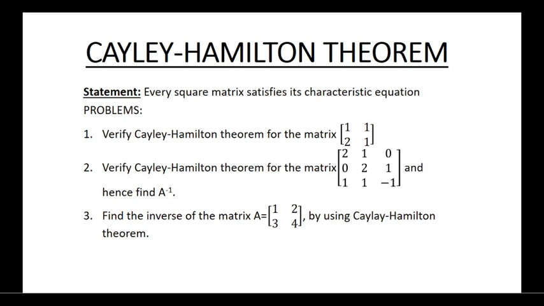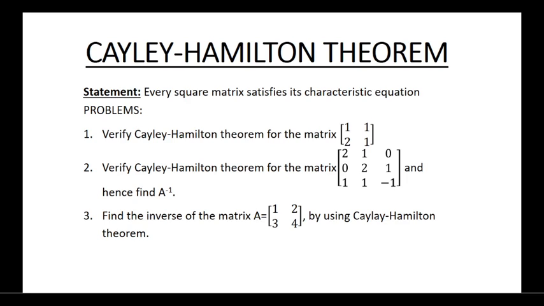So now the characteristic equation means determinant of A minus lambda I is equal to 0. That is c_0 into lambda to the power of n plus c_1 into lambda to the power of n minus 1 plus so on plus c_n is equal to 0. So this is the characteristic equation.